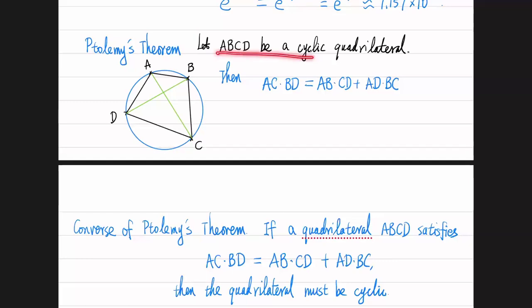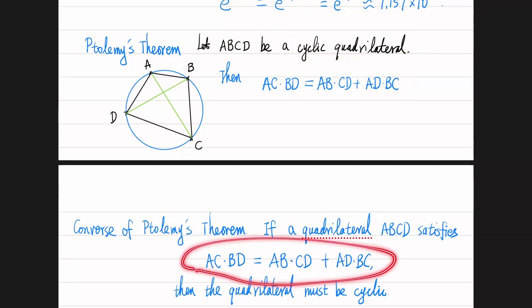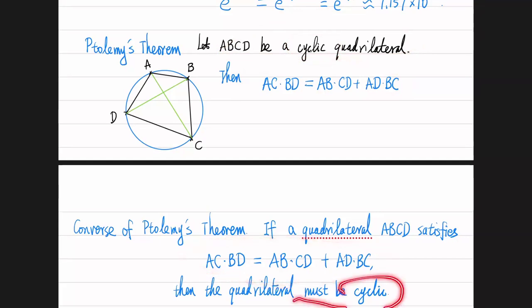If we have this assumption of being cyclic, then we have this identity. On the other hand, if we have this identity, then it must be cyclic. So being cyclic is equivalent to this identity.